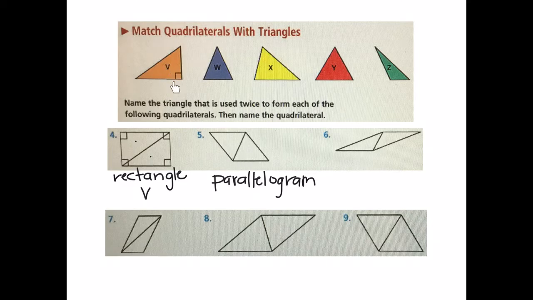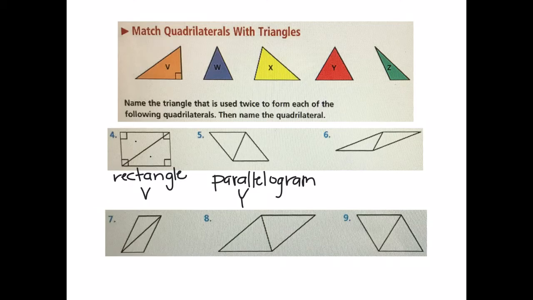So the right triangle is out. Here's an acute. X and Y are also acute. Z is obtuse, so I'm going to stay away from that one. It looks to me closer to the Y than any of the others. So it looks like they used two of those Y triangles to create this parallelogram.